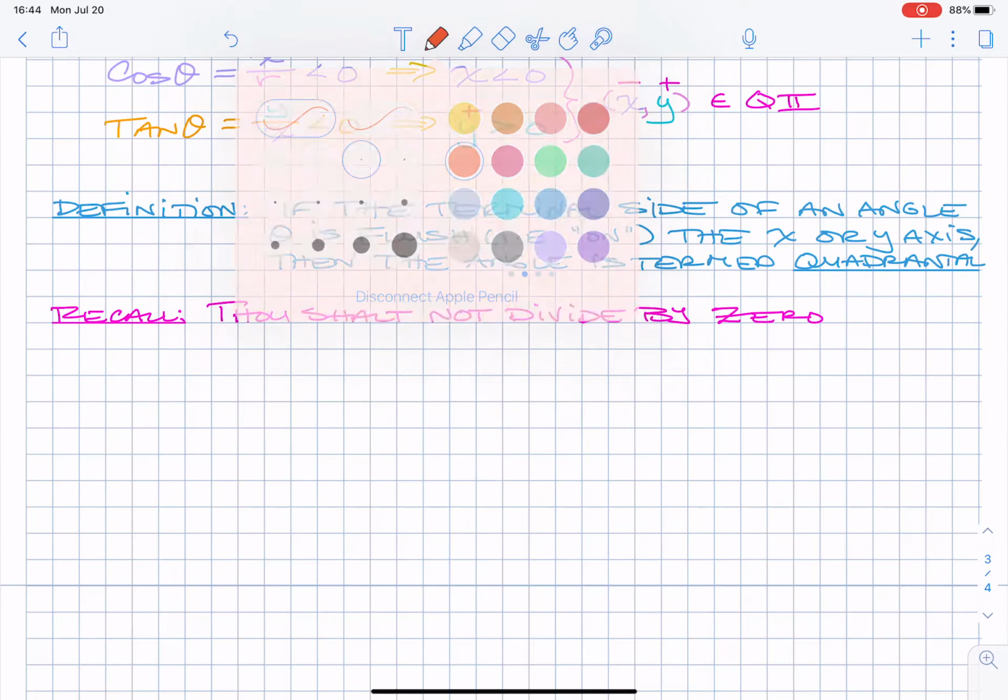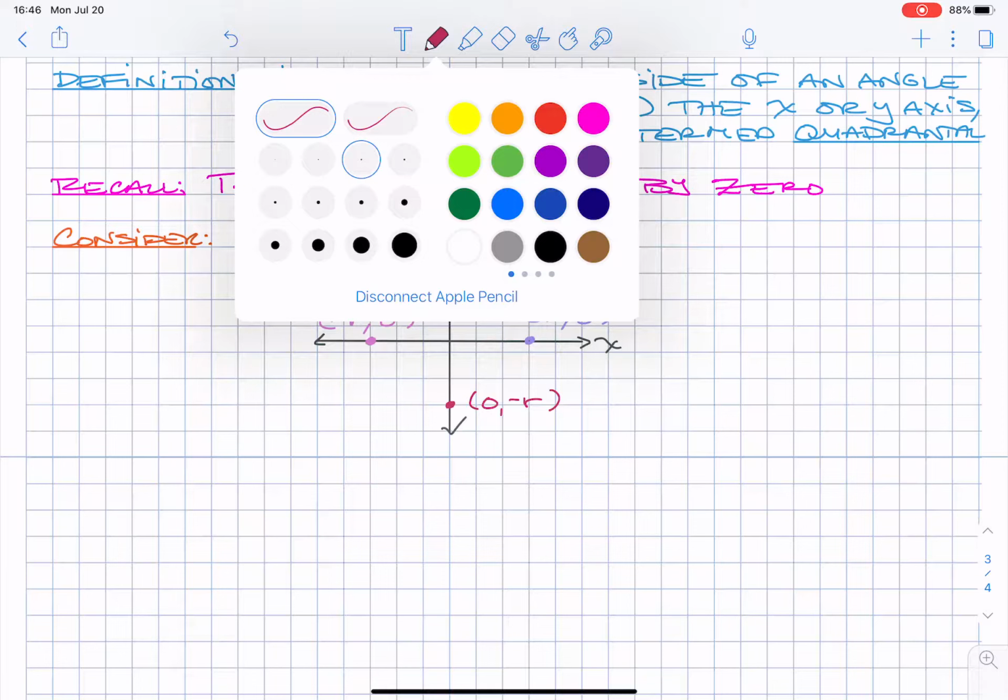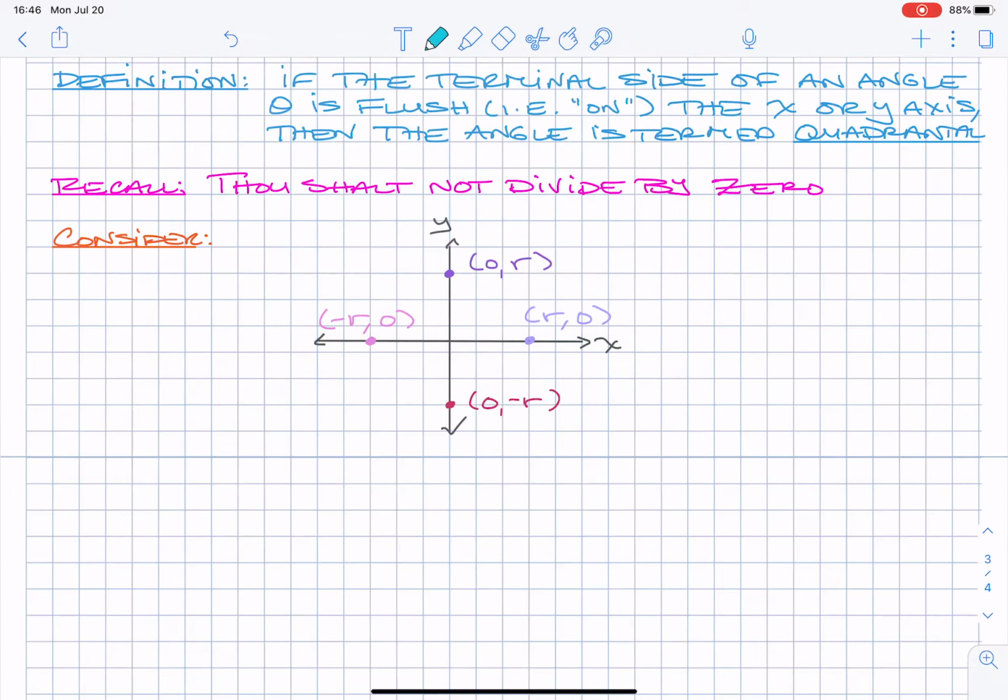let's use blue. I like blue. So remember, we start on the positive x-axis, so that is 0 degrees, or 360 if we go full circle, but I'll just leave it at 0 right now.